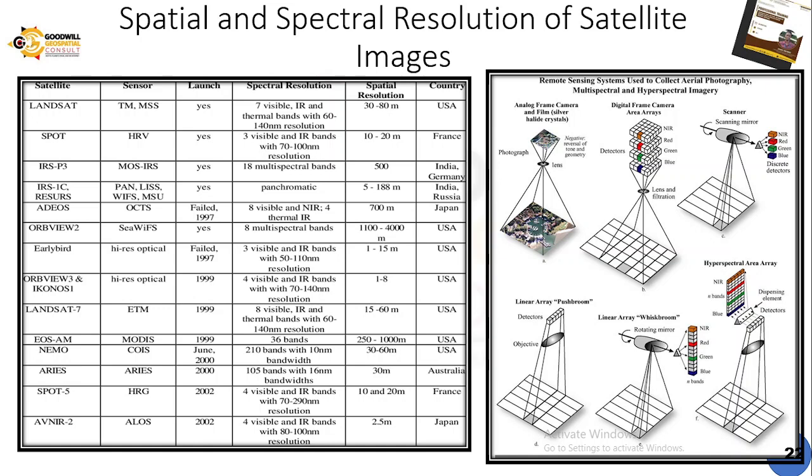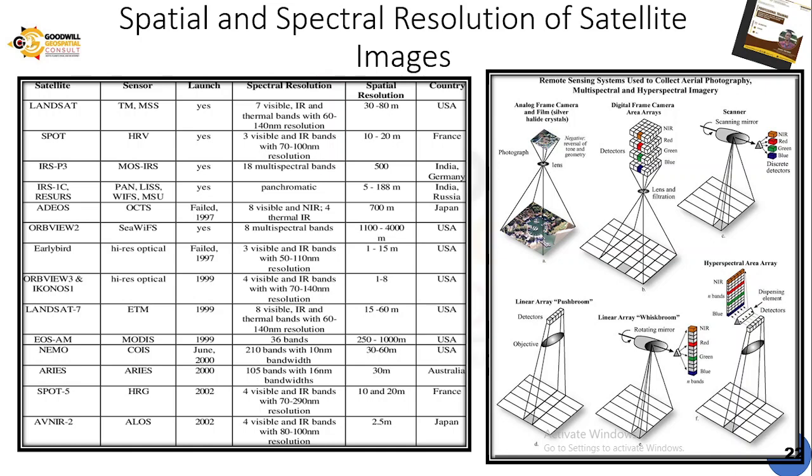Let's look at another multispectral image. That is the Landsat 7, the enhanced thematic mapper, which was launched in 1999.